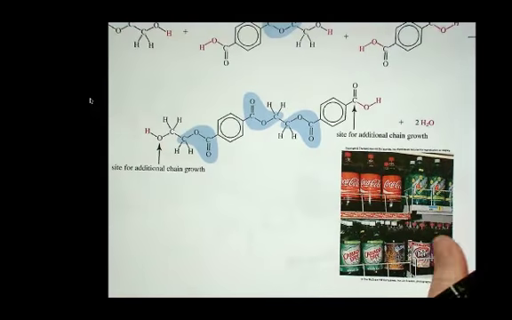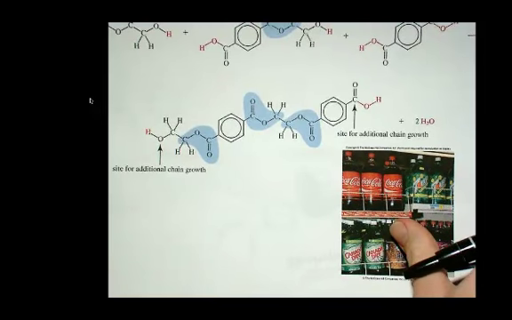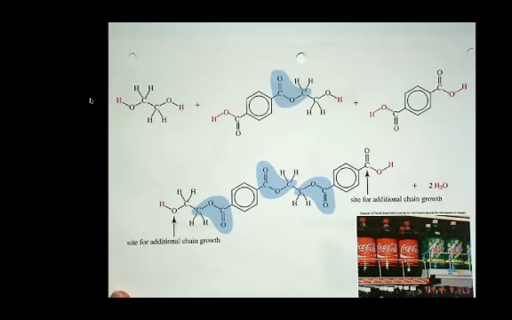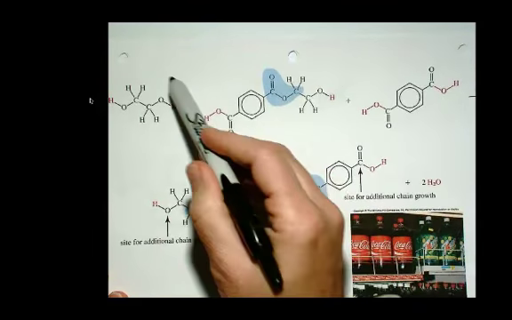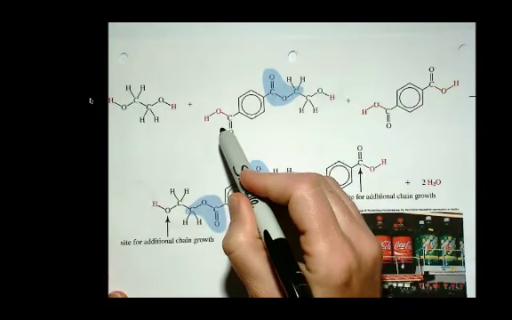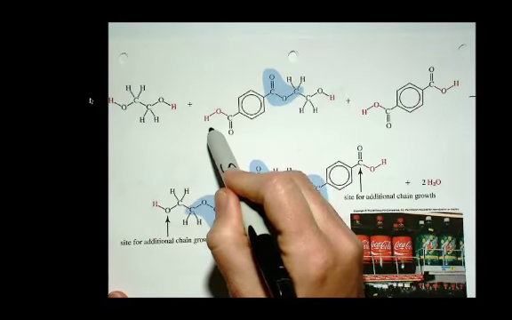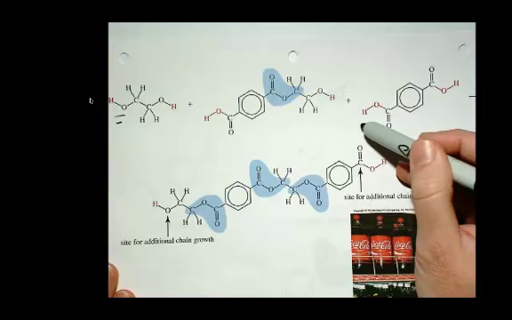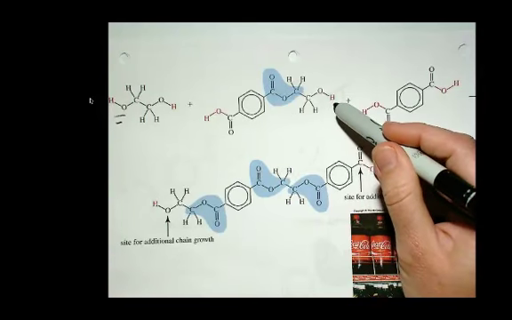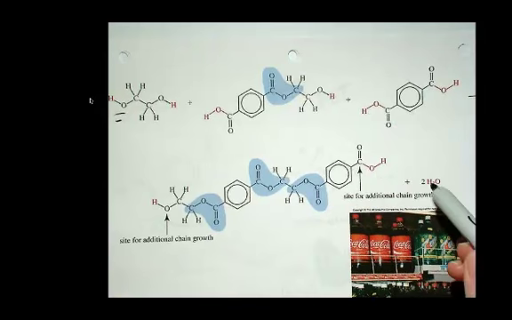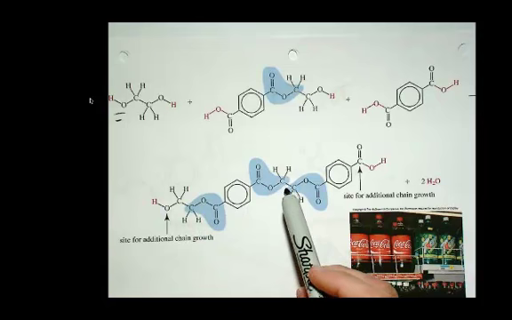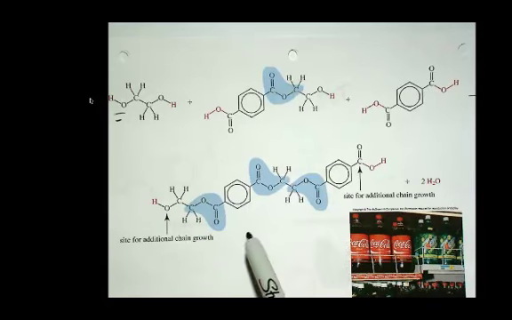So that's why these two monomers are such great monomers for building polyesters, because another ethylene glycol can add by condensation reaction to this end, and then you still have another alcohol ready for linking up to another carboxylic acid, and on this side the carboxylic acid is linking to the alcohol portion to form another ester. So there's one ester linkage, there's the next ester linkage, there's the next ester linkage, so it's a polyester.